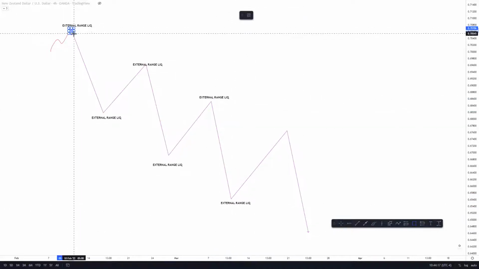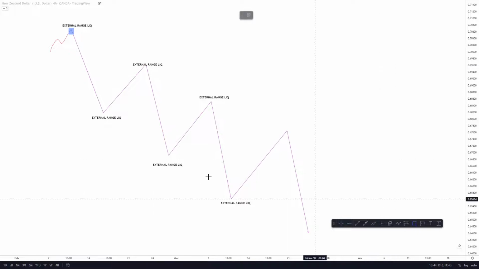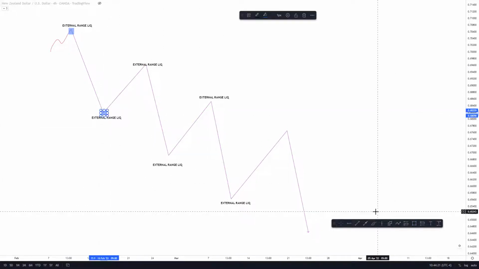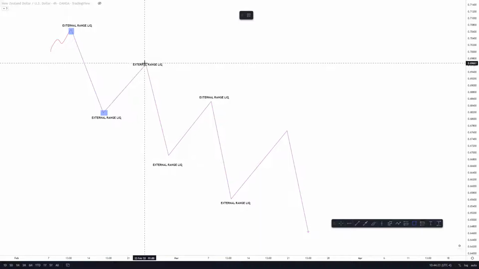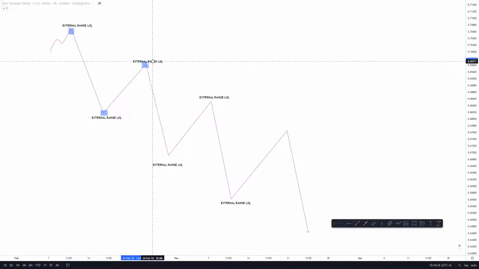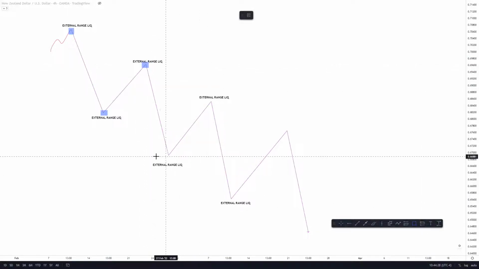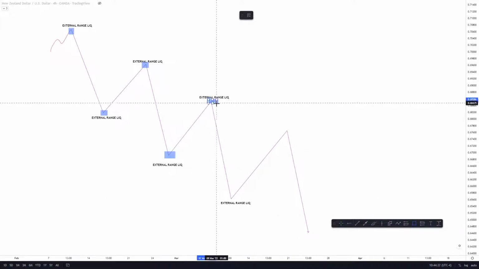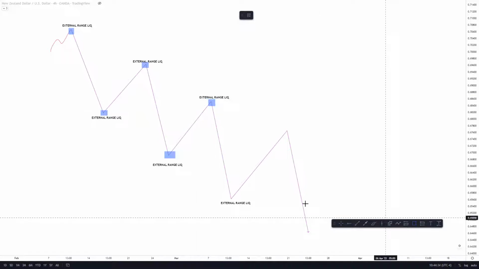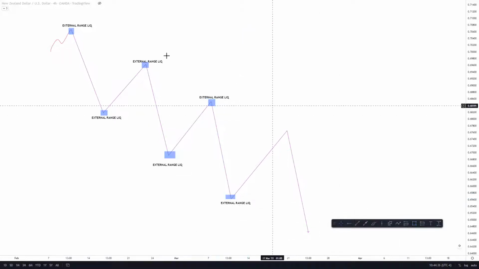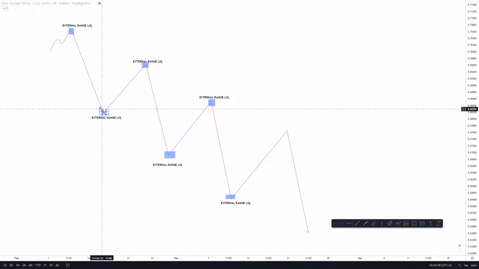You see, from here to here, and from here to here. This will be the last high, the last low. I call that an external range liquidity.